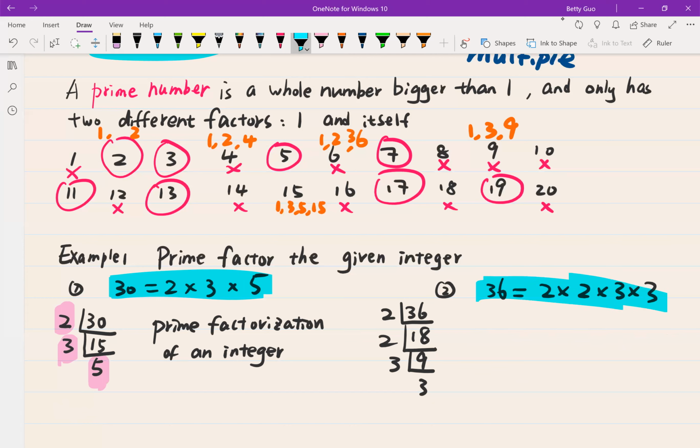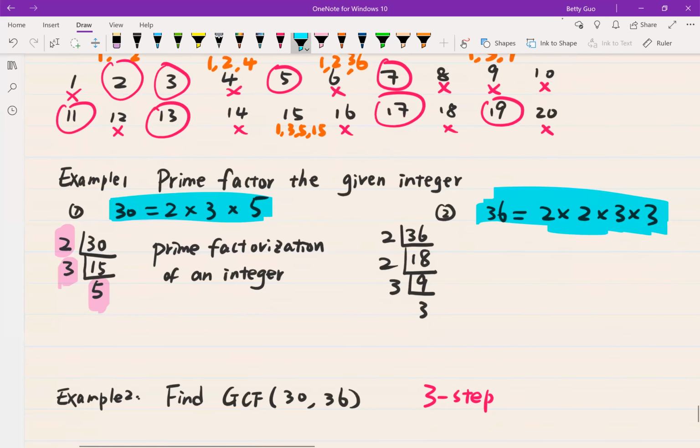So this equation is the prime factorization of integer 36. That's how we prime factor an integer. We have a very important technique here, the big L. Use the big L to prime factor an integer.